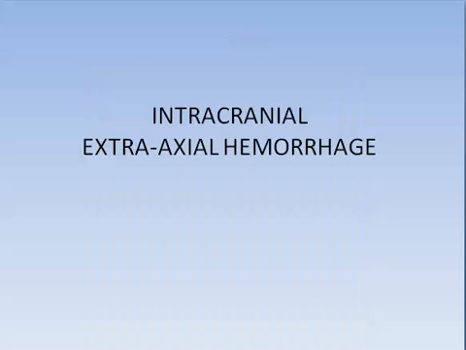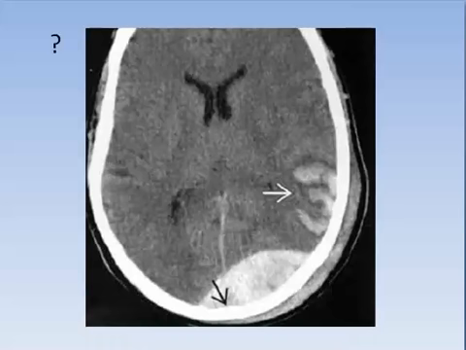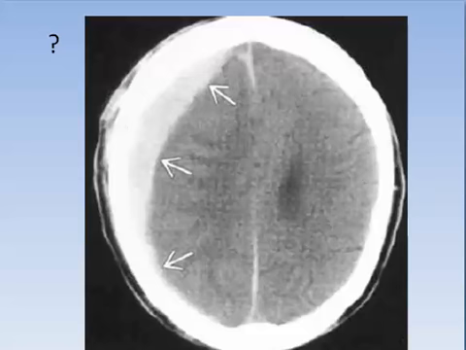Now we will talk about intracranial extraaxial hemorrhages. This is the typical appearance of epidural hemorrhage, and the typical appearance of associated parenchymal and epidural hemorrhage; search for fractures. Subdural hemorrhage: all of these are acute hemorrhages seen as high density on CT.